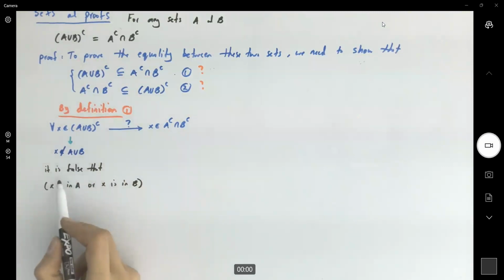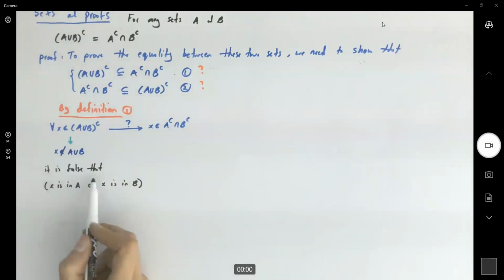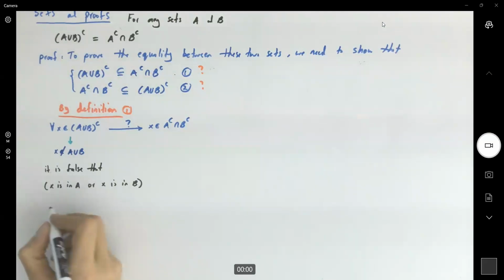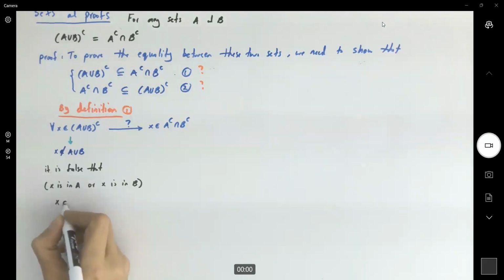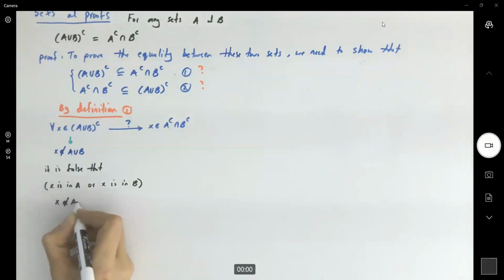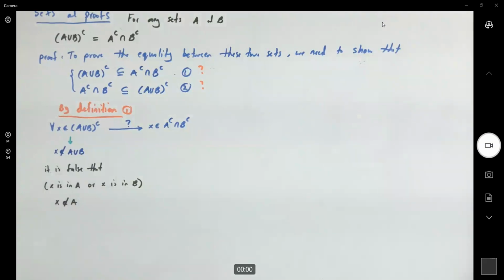It is false that. Well, so remember that by the logic, it means that X is not in A, and let me use a different color. This color doesn't work.